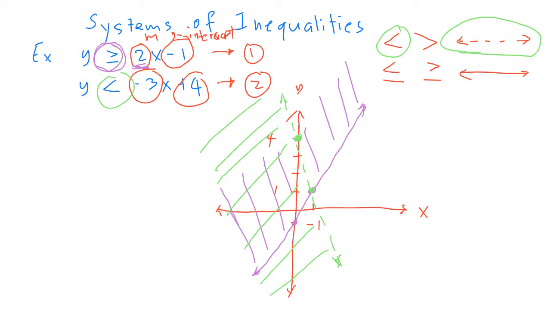So the overlapping intersection of the two regions, the purple and the green region, would be our final answer. And that would be the solution of the system of inequalities here. So we will shade that part with a different color. So that solution would be this part.